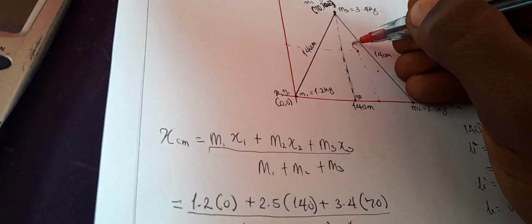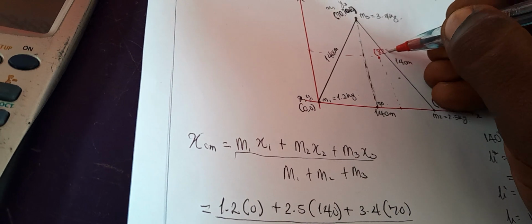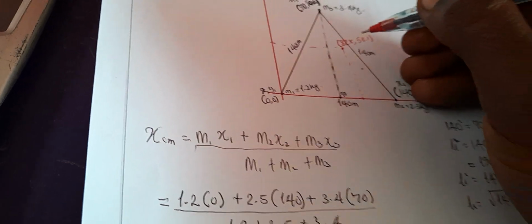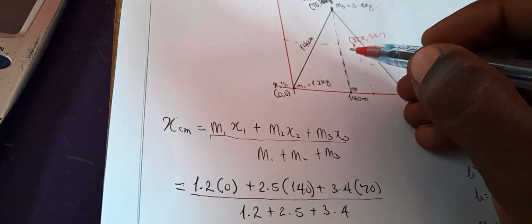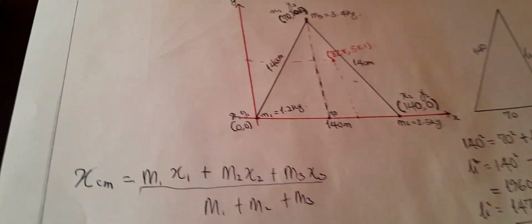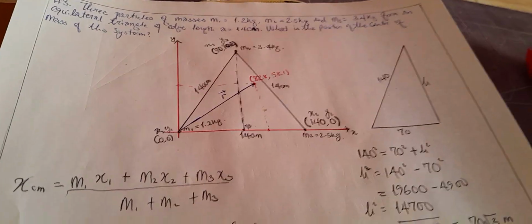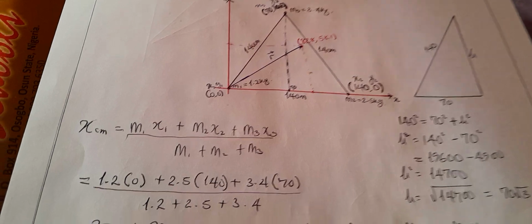So I'll just write the coordinates: 82.8 comma 58.1, and then I'll draw a line from here to here to signify that's the distance from the point of origin. All right, looks like this. Okay, so this will be the end of the system of particles.